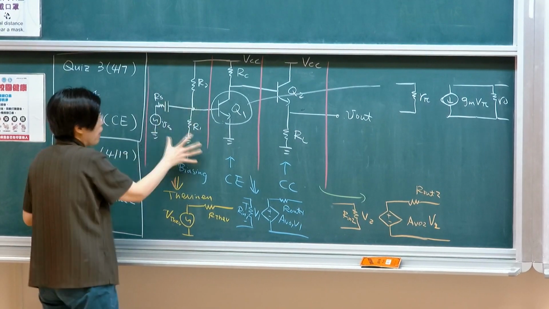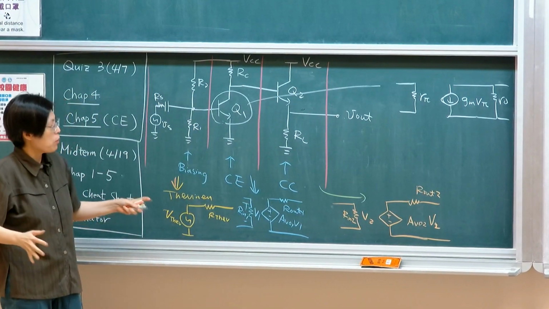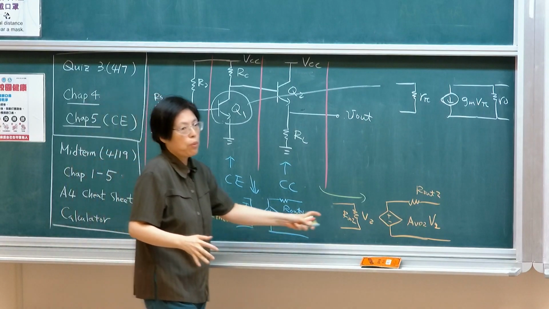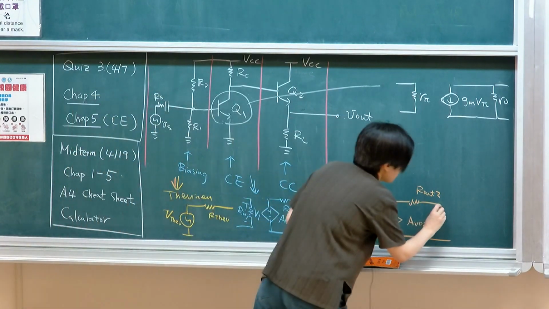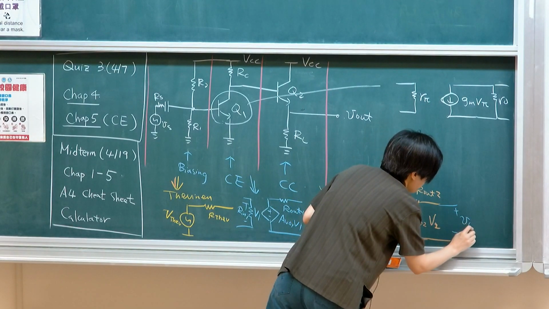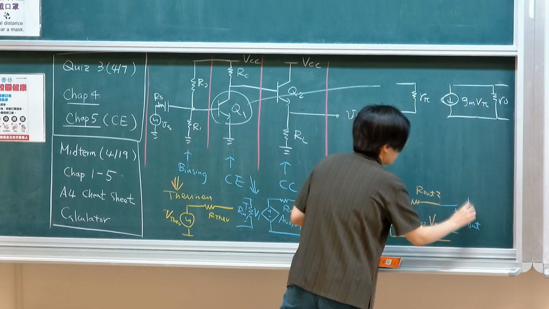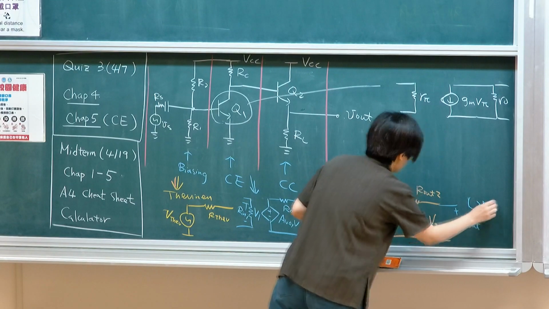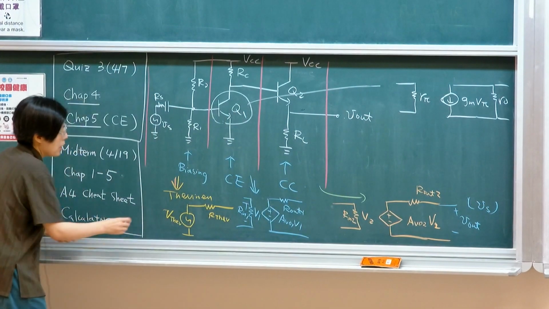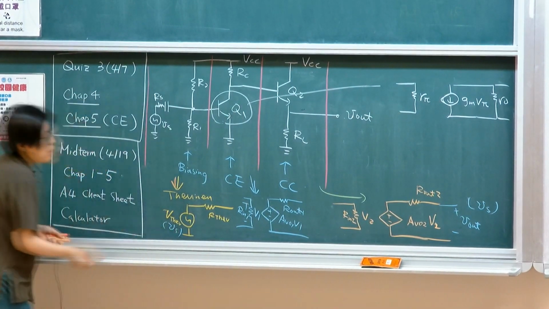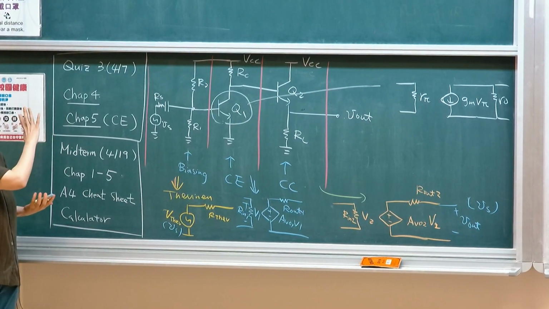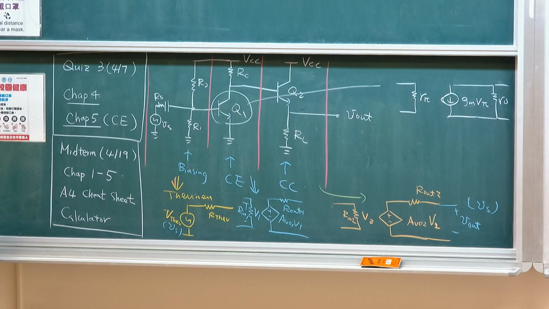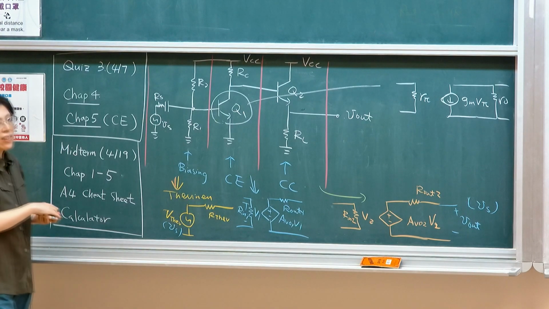So you simplify this complicated biasing circuit with Thevenin equivalent, 2 2-port models, and link them together in order to get your ultimate VL as a function of Vs, which will be embedded into this Thevenin equivalent model. So this is ultimately what we'll hopefully be able to get to at the end of this class.